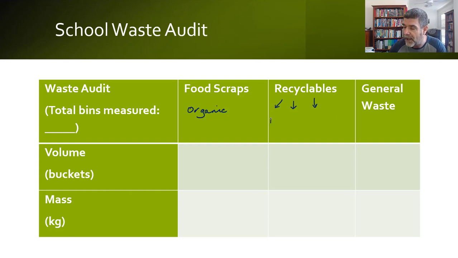That could be paper and cardboard, plastics, or metals, for example, and these are all areas where we might be able to look at different types of things that could potentially be recycled. And then our last category is just the general solid waste, which is basically anything that doesn't fit into any of these other categories.